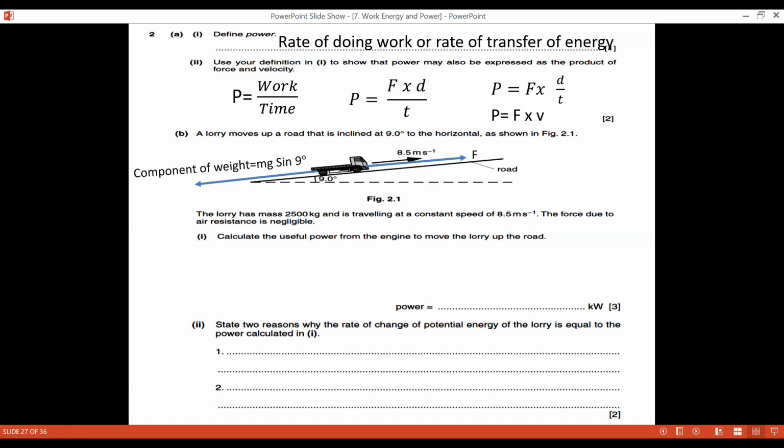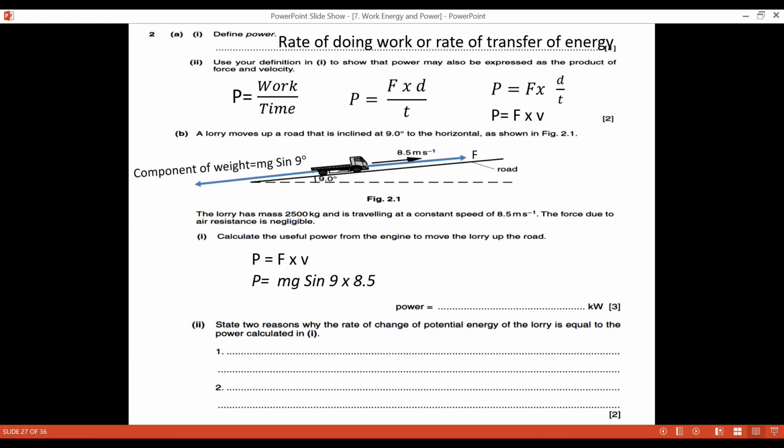Remember, component of weight down the slope is always mg sine theta. That is the force acting backwards. Forward force should be equal to mg sine theta so that it moves with a constant velocity, as resultant force will be equal to 0. So for this, F is equal to mg sine theta and we multiply by velocity, which is 8.5, and we get the value of the power.